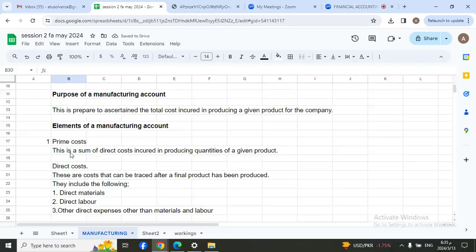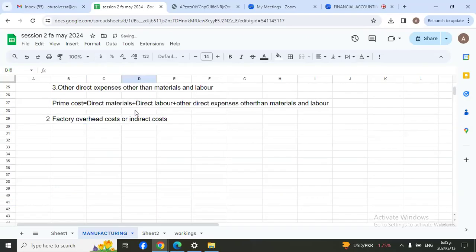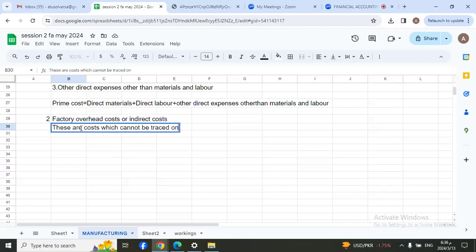If direct costs are costs that can be traced to the final product produced, then the factory overhead costs, or indirect costs, are costs which cannot be traced to the final product produced.